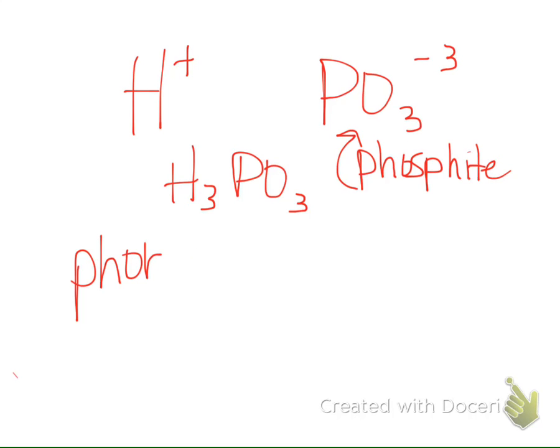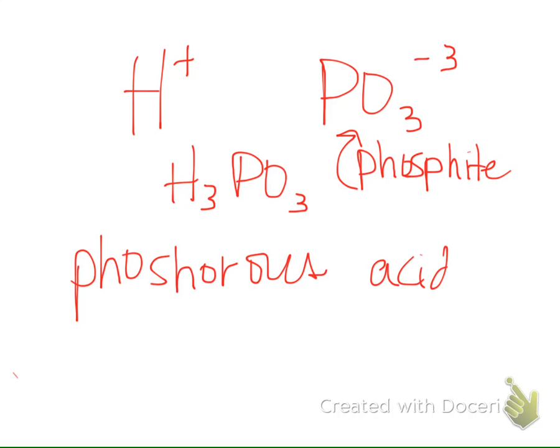Oh, I can't spell apparently. Phosphorous acid. It's not just phosphorus acid, it's phosphorous acid. Okay, so we revert back a little bit to the phosphorous. Oh, I can't spell still.